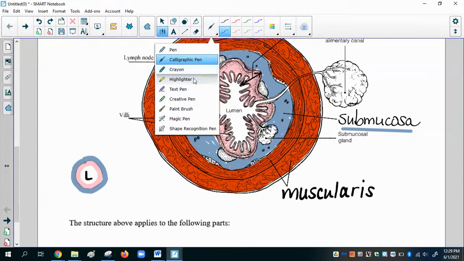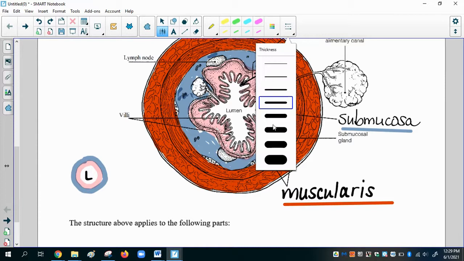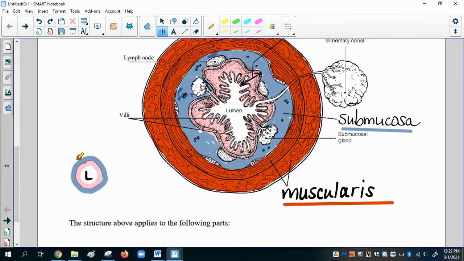So there's my muscularis layer, and I'm going to add it to my simple tube. I'm going to do 2 layers. I don't know if it'll end up looking like 2 or not. There's 1. Yeah, I guess you can tell. There's 2 layers of muscularis.